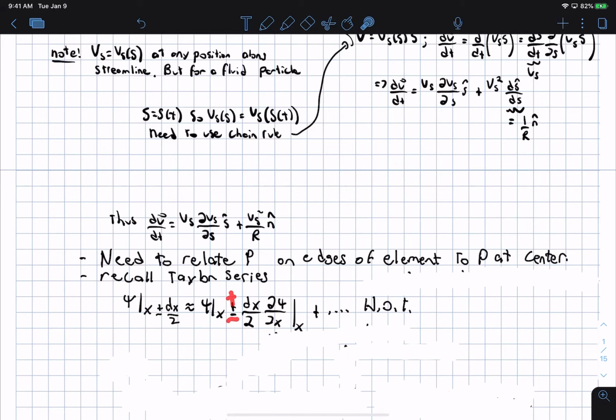It is equal to the variable plus or minus dx over 2 times the x derivative of that variable with respect to x, plus a bunch of other terms, which I'm going to call HOT, shorthand for higher order terms. We can neglect those, and if you do a more formal analysis, you can show that those actually go to 0, so you don't need to include them.